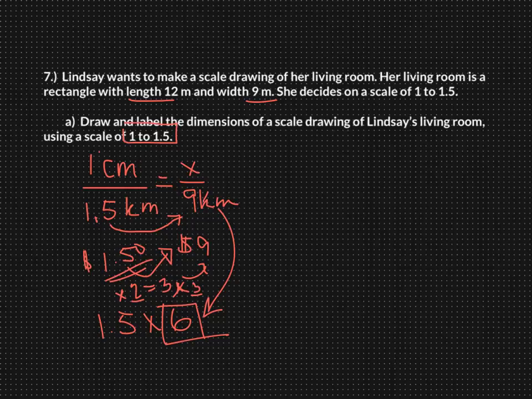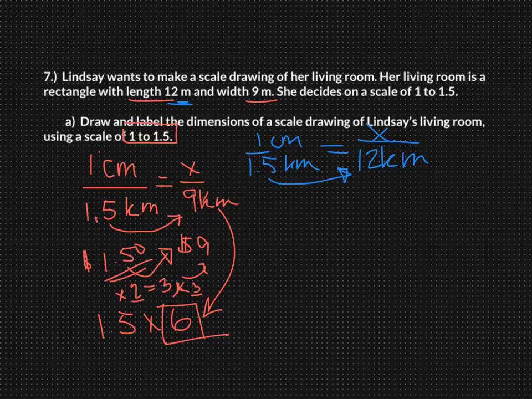The next thing that we're going to do is the 12. So we're going to do it the same way. 1 centimeter is equal to 1.5 kilometers. And we know that we're looking for 12 kilometers. So the thing that we don't know is up here. I'm going to use my same strategy.